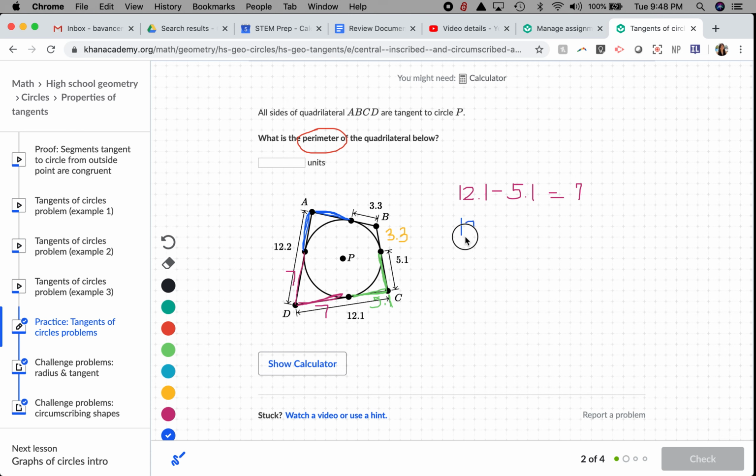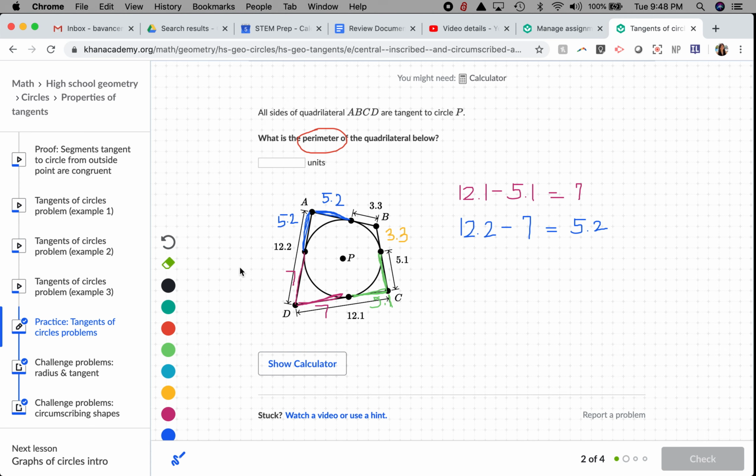Again, the whole thing is 12.2, and we already have 7. 12.2 minus 7 is going to give us 5.2. Now, if this segment is 5.2, then the other segment will also be 5.2.